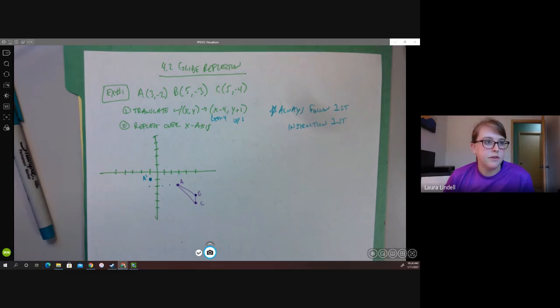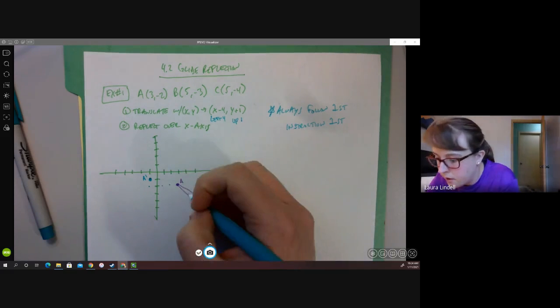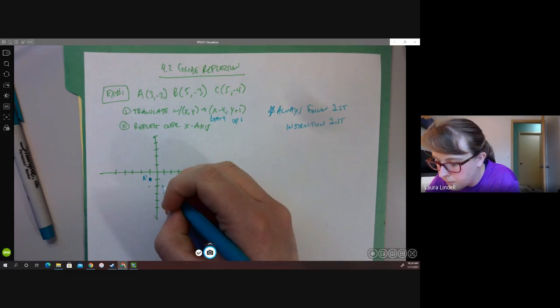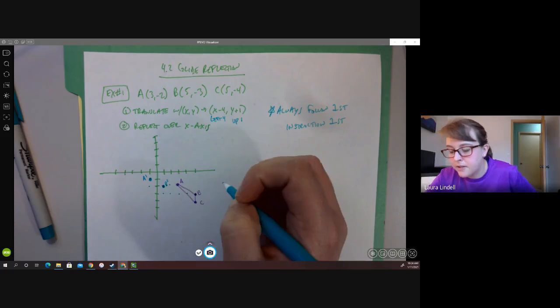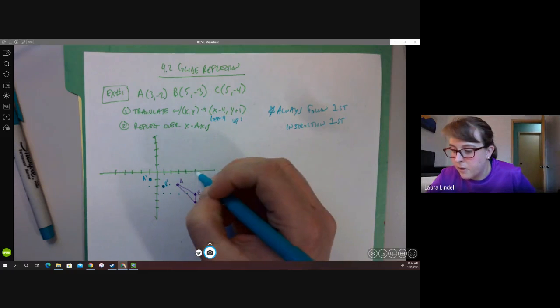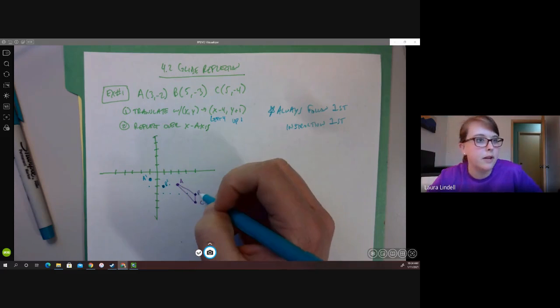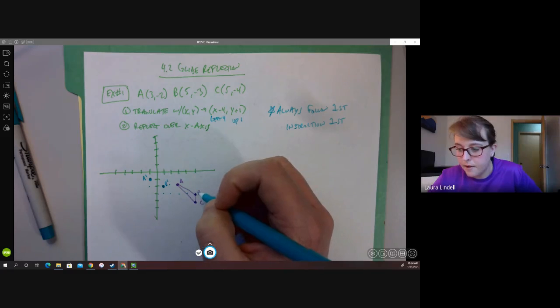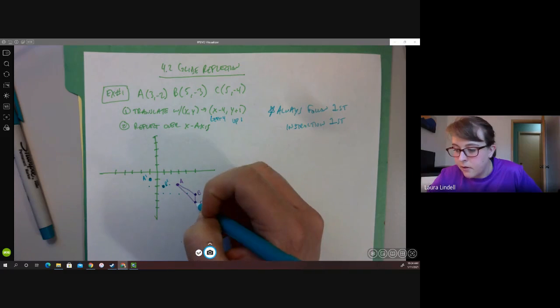Then for B, we'll do the same thing. We're going to go left 4, up 1. 1, 2, 3, 4, up 1. And you can definitely see that my spacing on here is off. This space is way bigger, so this is going to end up looking a little bit different than it should, but we'll get the idea. And then for C, we do the same thing.